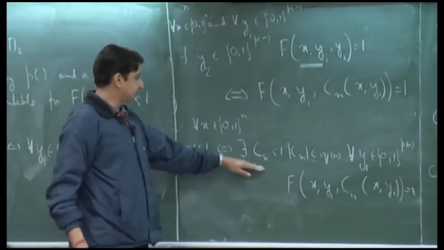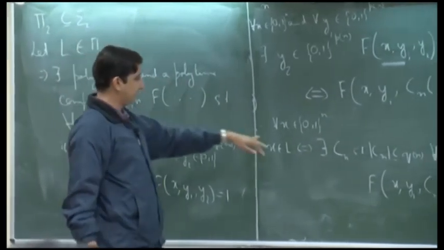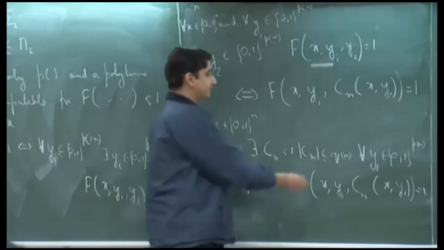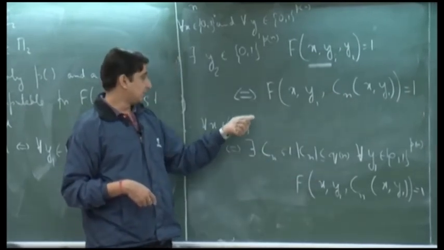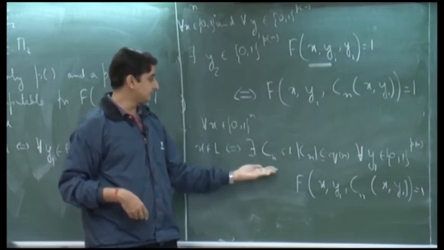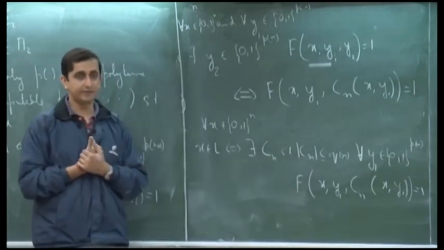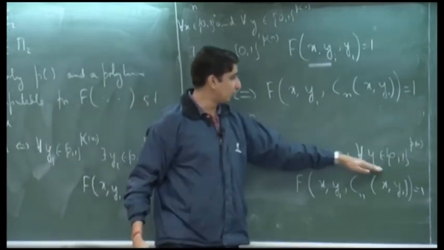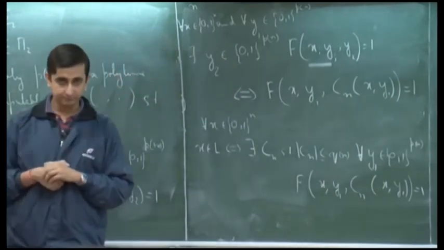Now you see that this is basically a sigma 2 predicate, because we have switched these quantifiers. Instead of having a for all in front, we have a there exists. Essentially what we are doing here is guessing that circuit a priori, and then checking that for all y1 this predicate is satisfied.